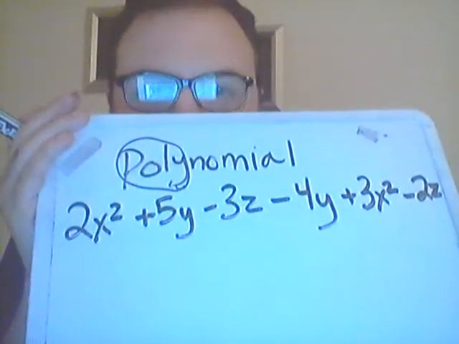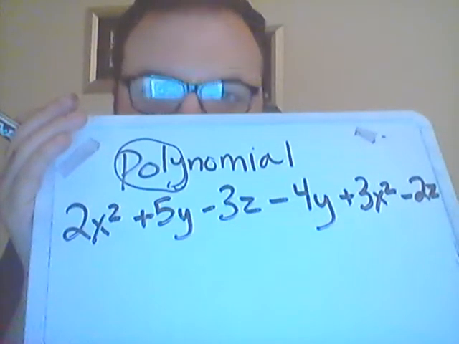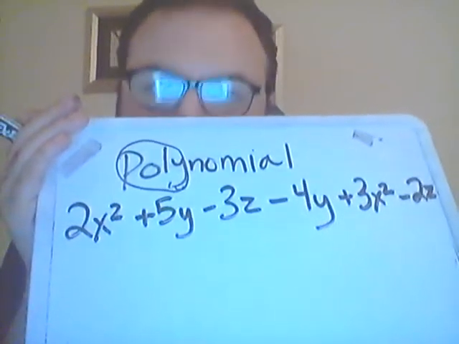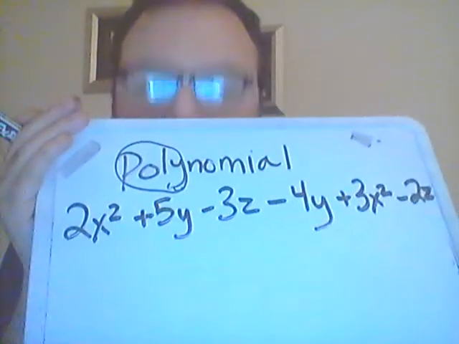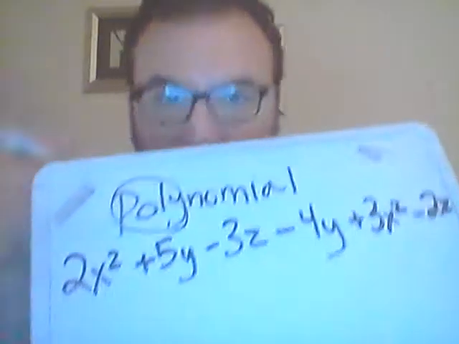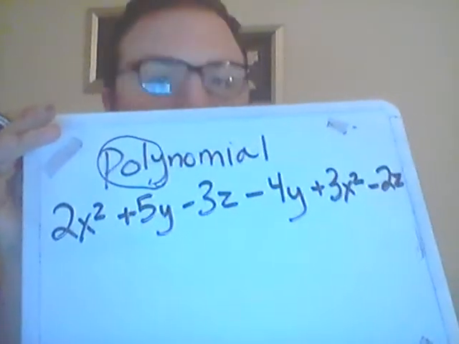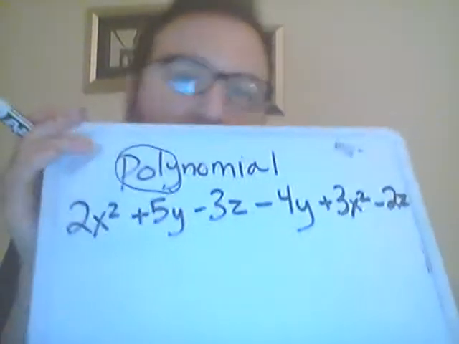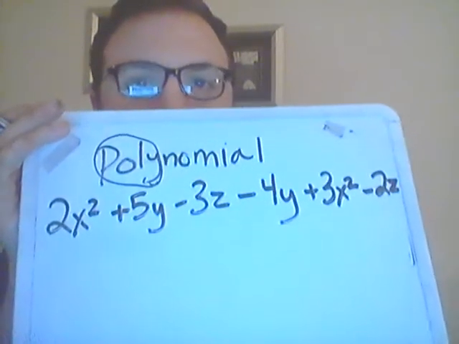What we're going to do with this polynomial is simplify it. We're going to make it shorter because there's a lot of stuff there that doesn't need to be there. Let me show you what I mean. Once you get that vocabulary down, and by the way, you could pause this to copy this down. You could even write the other words with it that we learned before with the examples.